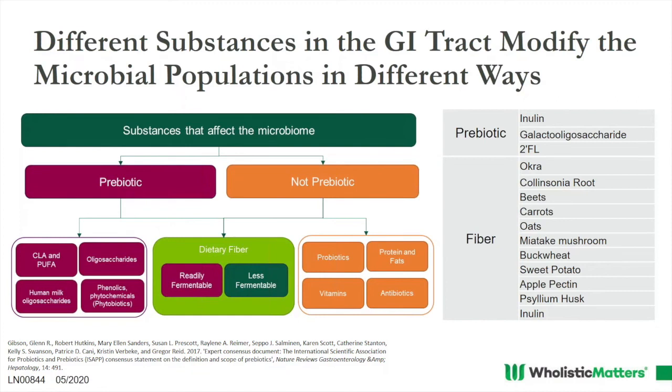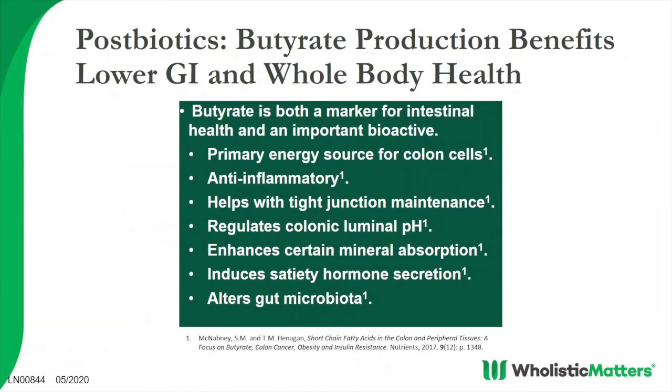Whole plant foods will deliver fibers, but some of the really good delivery mechanisms are going to be things like okra, collards, beets, carrots, oats, certain mushrooms, buckwheat, sweet potatoes. There's all sorts of different places that you can get fiber. Certain ones like psyllium husk and inulin can be isolated and have shown this functional fiber effect.